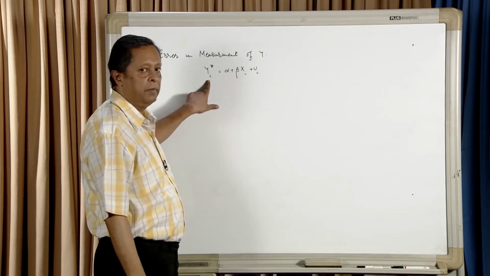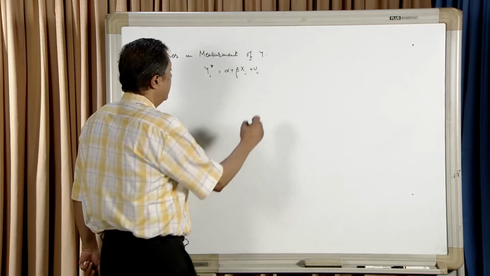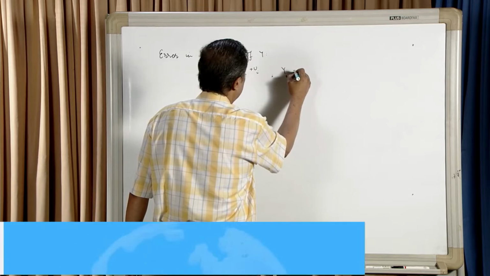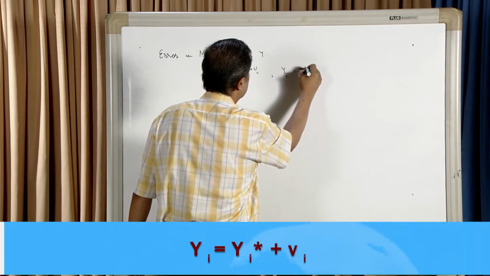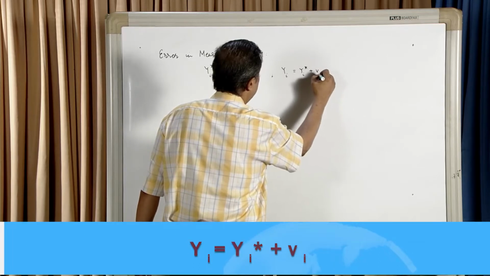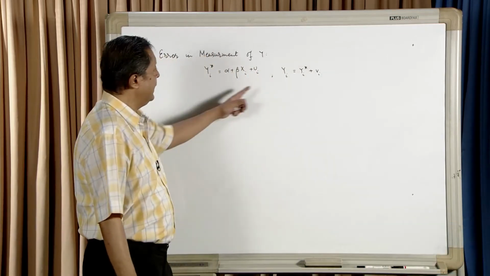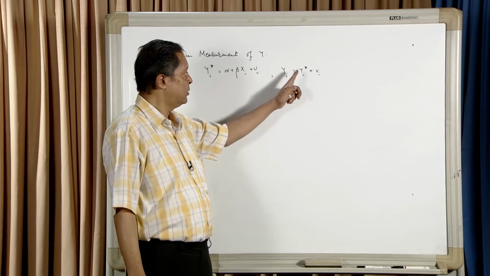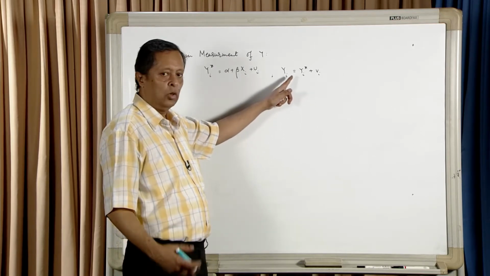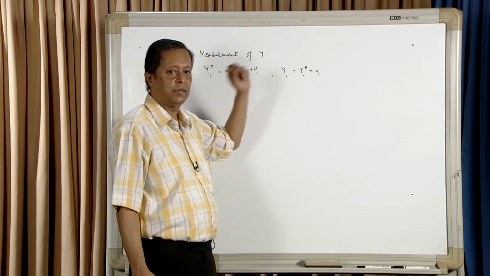This is the correct measure of y, whereas what the researcher measures is yi equal to yi star plus vi. So, there is an error in measuring yi. The true measure is yi star and the measure that is obtained is yi star plus vi.